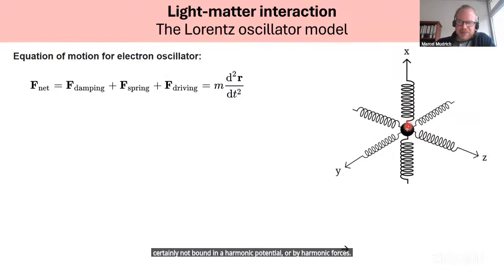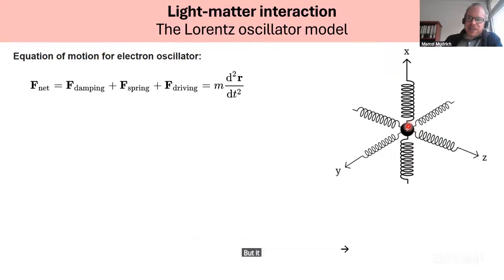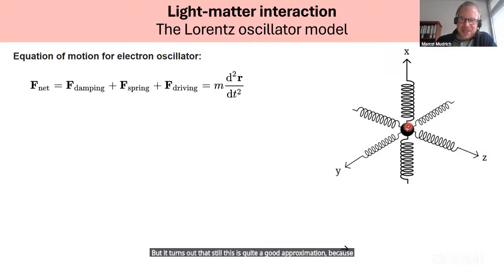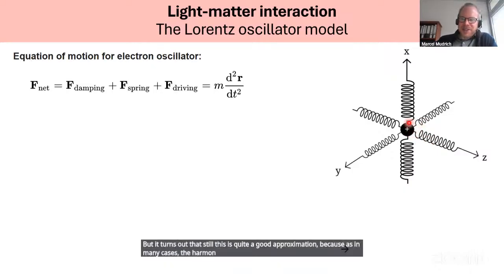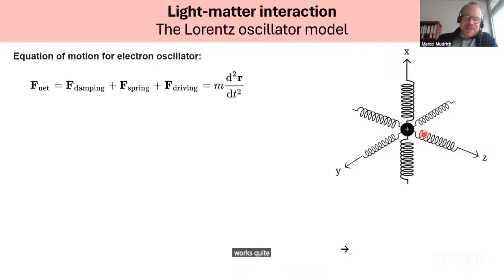I mean, it should be more something like a Coulomb potential. But it turns out that still this is quite a good approximation, because as in many cases, the harmonic approximation works quite well, always when the perturbations, like in this case the elongation of the electron, are very small. So as long as we are not driving the electron with very strong laser fields, this harmonic approximation is still quite good.